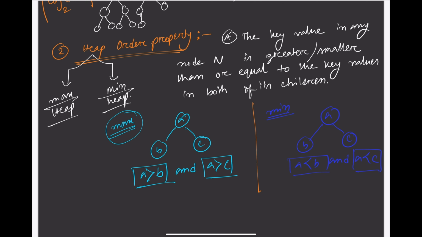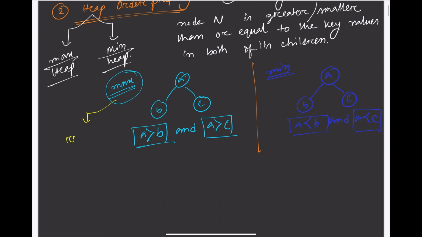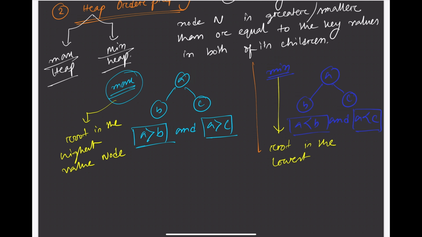Now this means that the root will be the highest key. In terms of the max heap, the root will be the highest value node, whereas in min heap the root is the lowest value node.